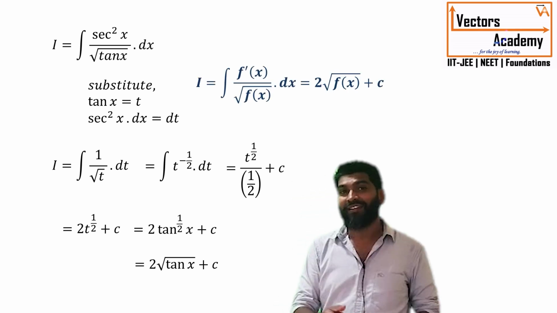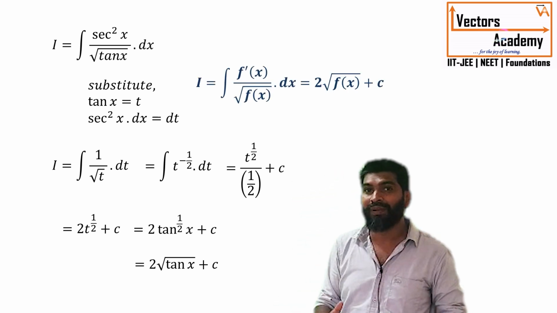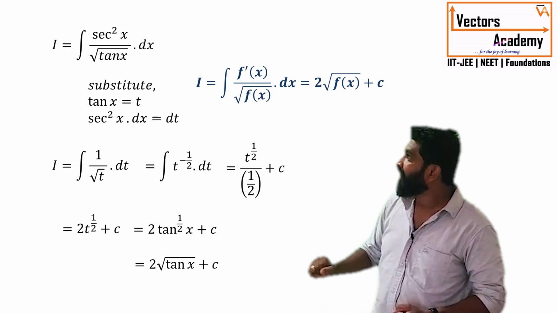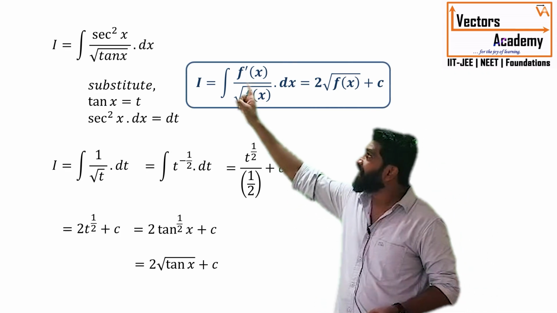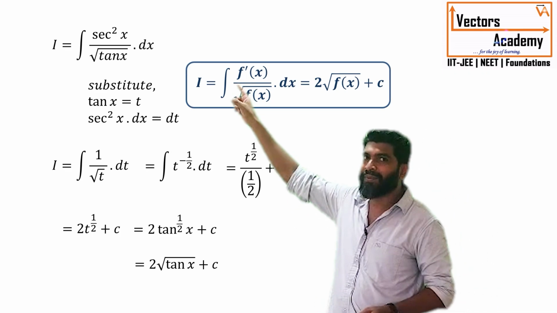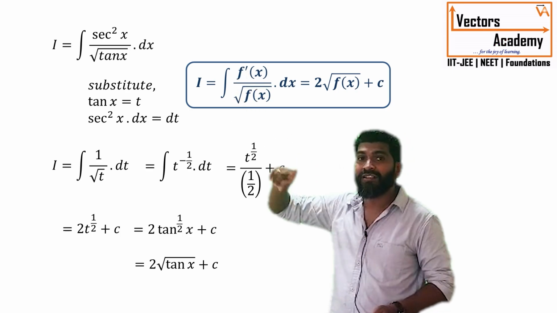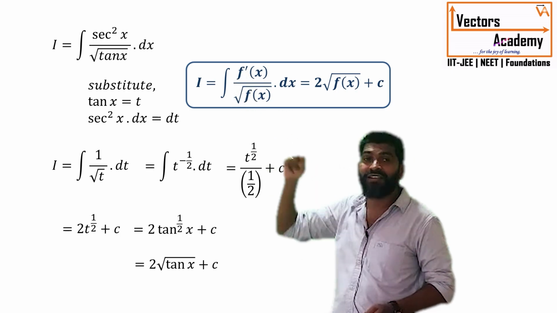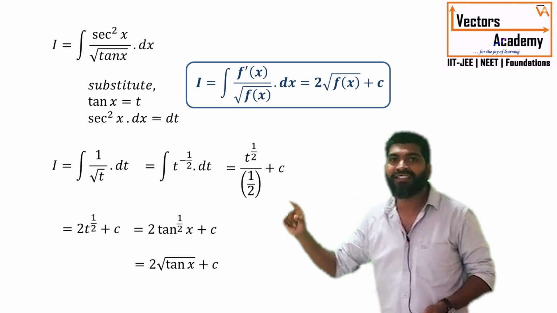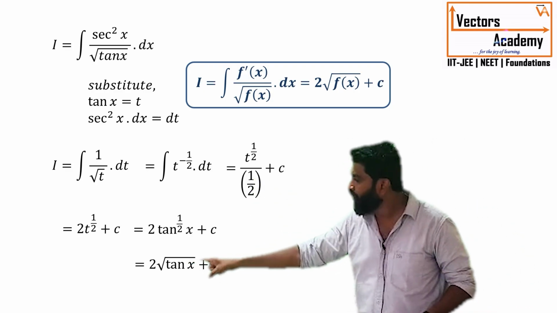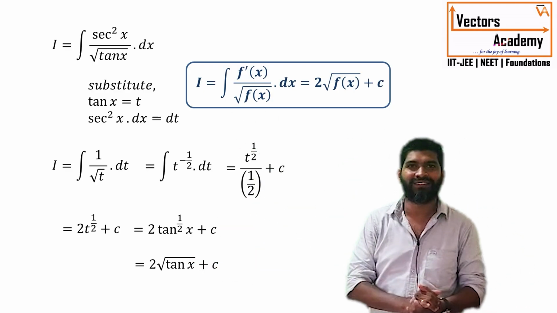Now again, we can derive a simple trick for this question as well. Whenever we find that the derivative of the denominator is present in the numerator, but the denominator is in a square root, the answer can directly be written as 2 into the denominator plus c.